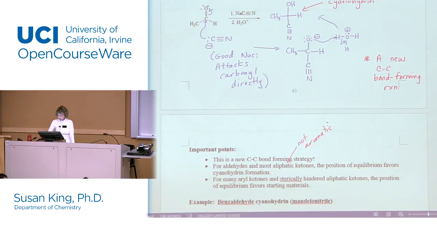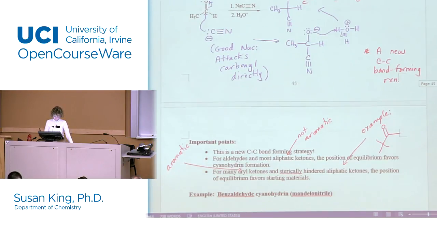For many aryl ketones, meaning aromatic ketones, and sterically hindered aliphatic ketones, the position of equilibrium favors starting materials. Let's show an example here: maybe a ketone with a tert-butyl group on one side and a methyl on the other, or a tert-butyl group on both sides. When you start getting steric hindrance there, you slow the reaction down quite a lot.